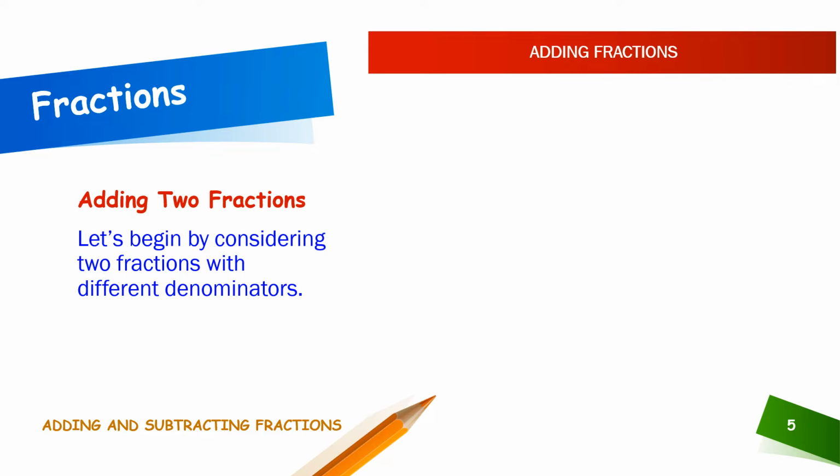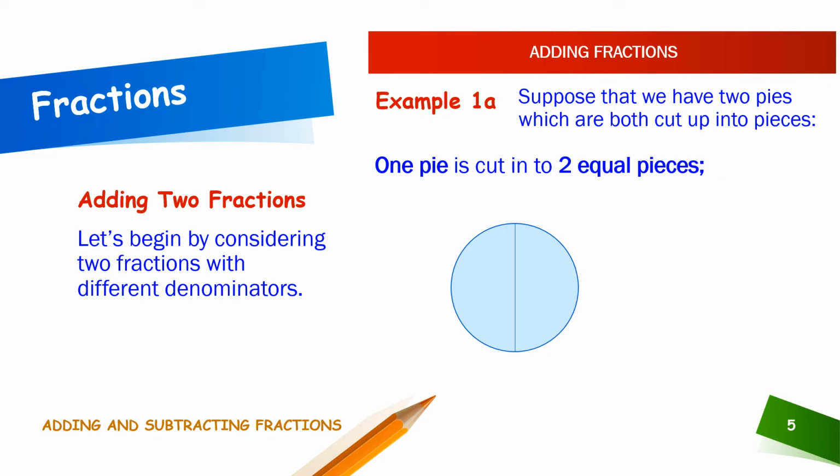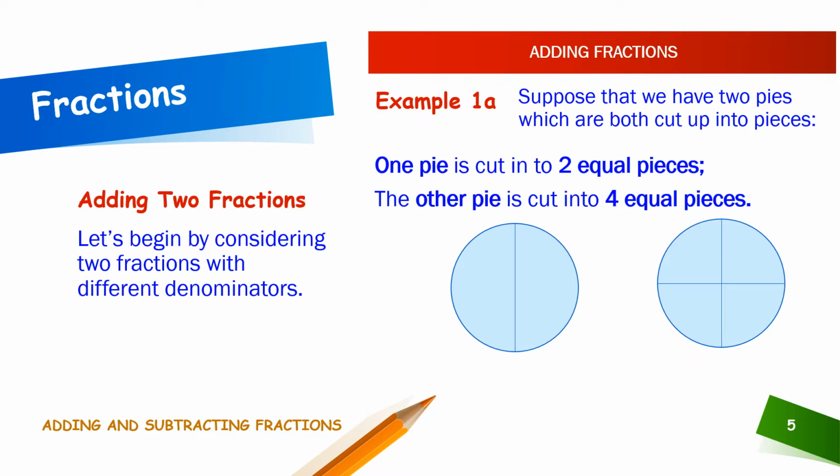Having understood the terminology, let's consider 2 fractions with different denominators. Let's look at an example first. Suppose that we have 2 pies which are both cut up into pieces. One pie is cut up into 2 equal pieces, and the other pie is cut into 4 equal pieces.